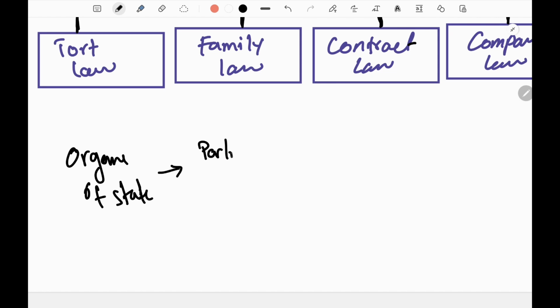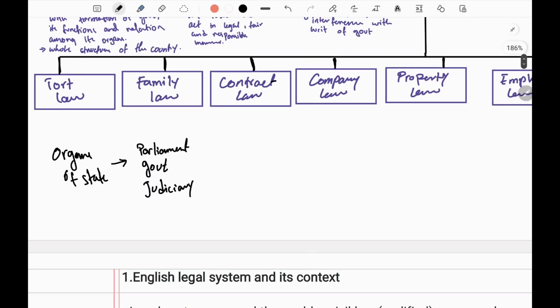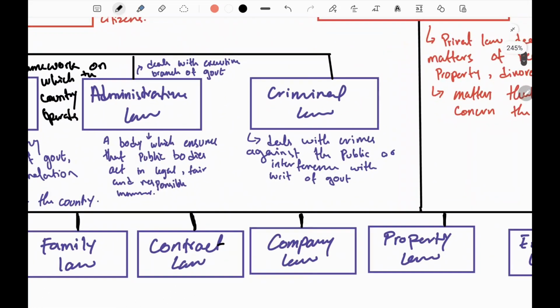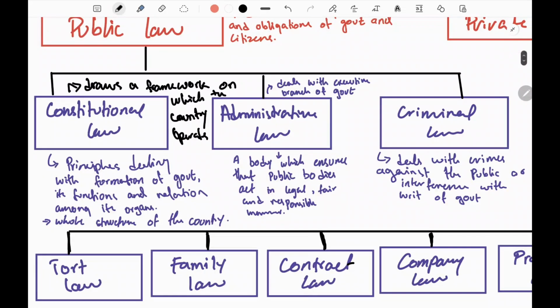So let's say it's a parliamentary system. We're discussing the English legal system, and it has a parliamentary system. The organs of state are parliament, the executive departments, that is the government, and the judiciary. Constitutional law drives the framework for these organs, their functions, and their relations among them. Right, so that is constitutional law.